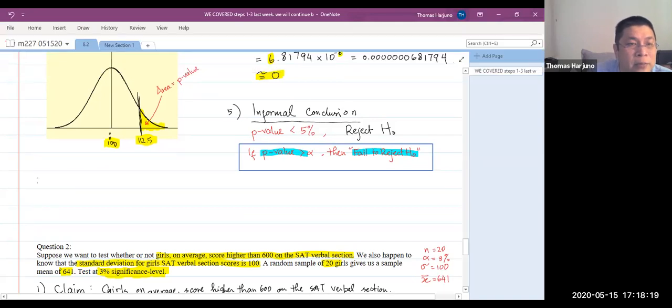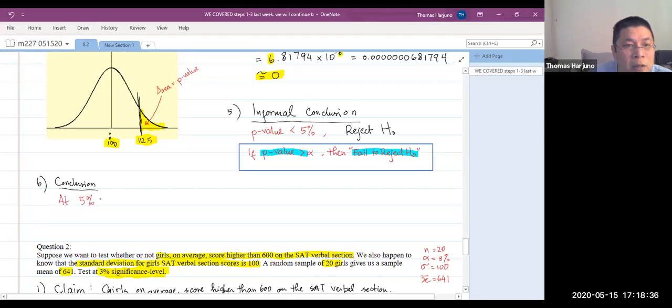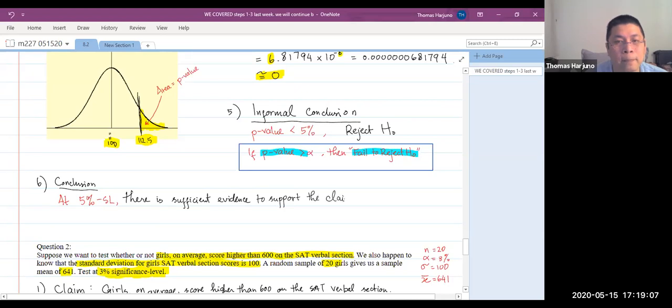Step 6, conclusion. What's the alpha? 5%. Okay, so at 5% significance level, there is sufficient evidence to support the claim that.